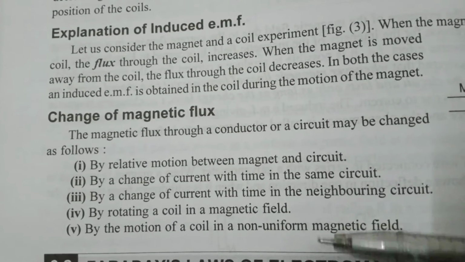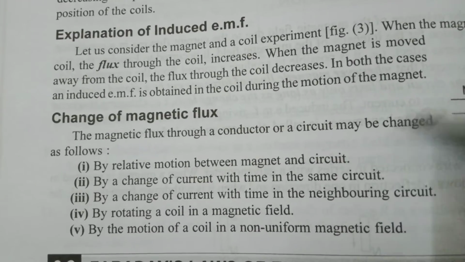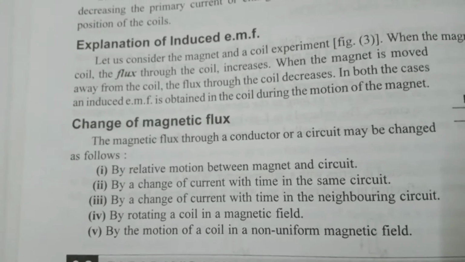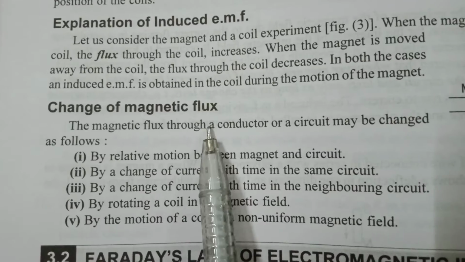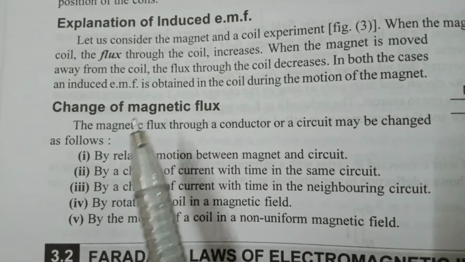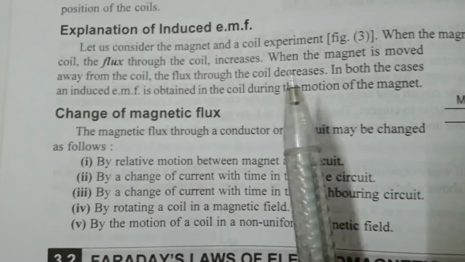Because of any of these, there will be a change in magnetic flux. And whenever there is a change in magnetic flux, there will be an induced EMF, due to which there will be an induced current.